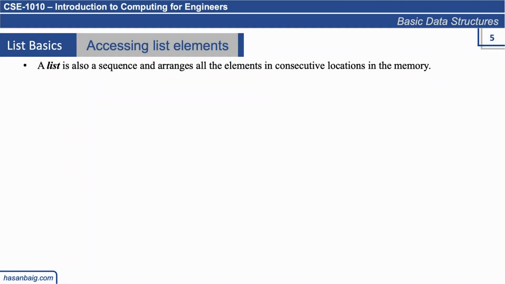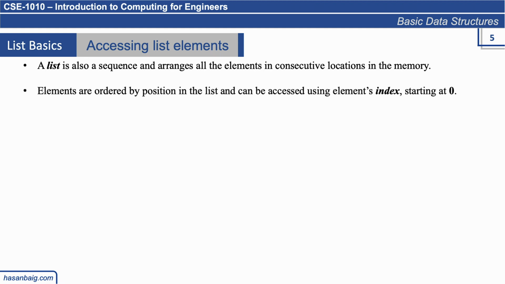Let me go back. Okay, so let's proceed ahead. Elements are ordered by position in the list and can be accessed using the element's index starting at 0. That means if I have a list like this, a list with the name prices, containing the prices, let's say $20, 14.9, 5.